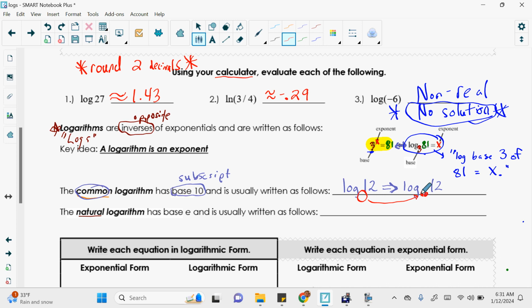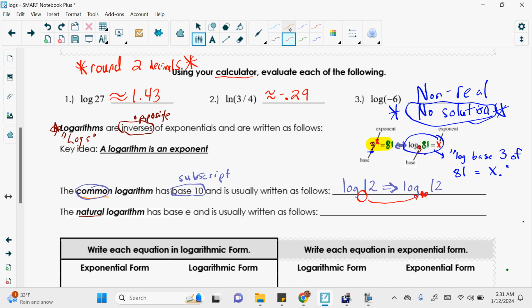Now, natural log has a base of e. If you remember, I said in class, on your calculator you're going to look for the button, well, really it's like this, ln.